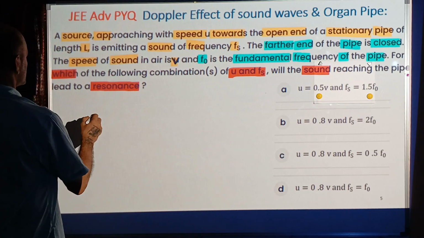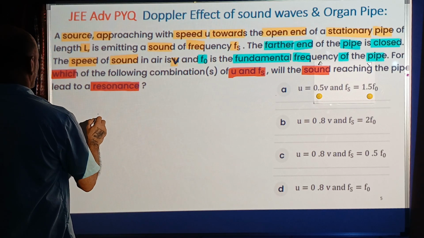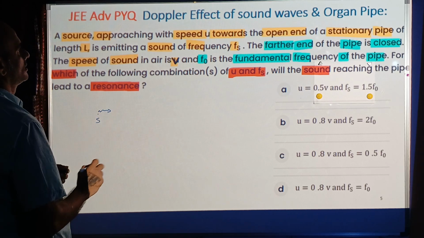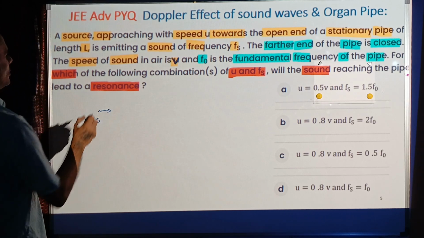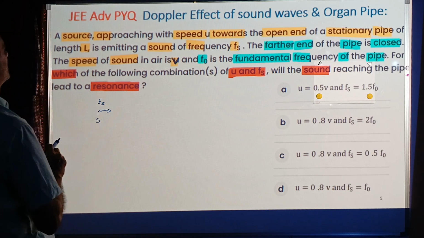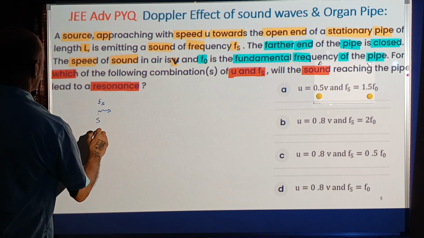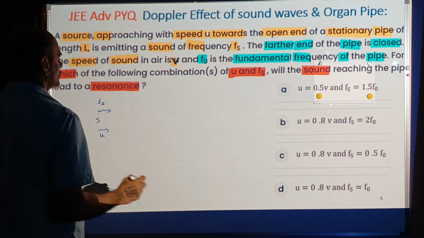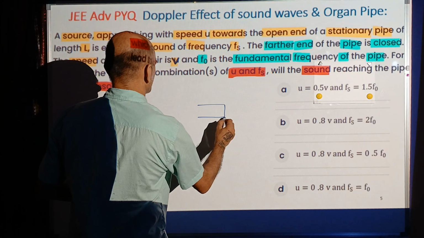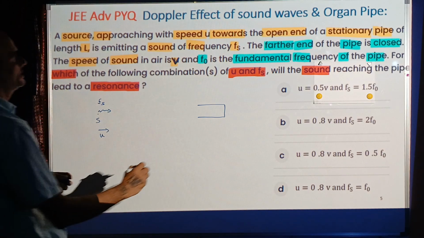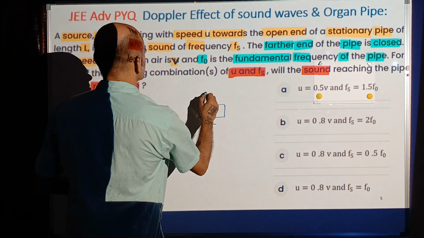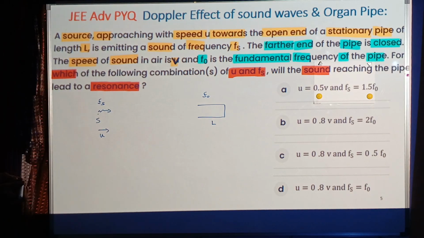So there is a source which is emitting sound waves of frequency Fs, and it's moving with velocity u towards a stationary pipe which is closed at one end, of length L, and fundamental frequency is f0.